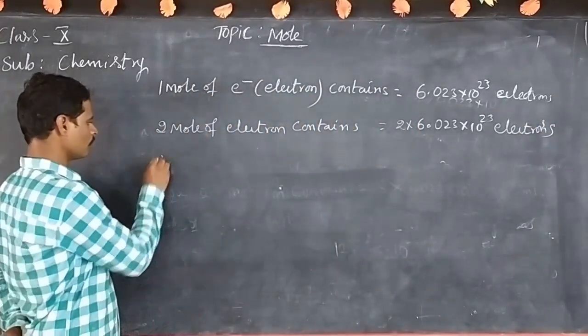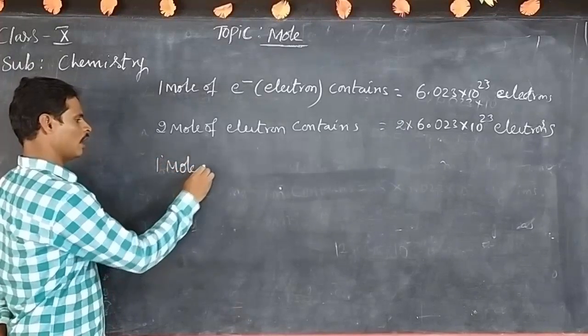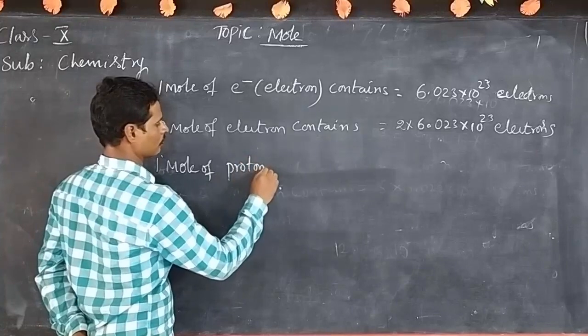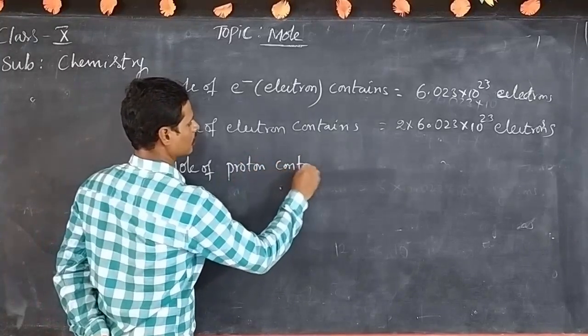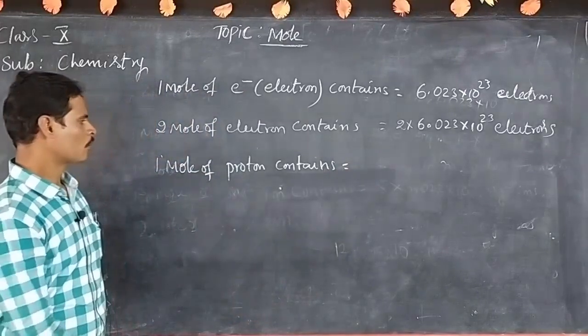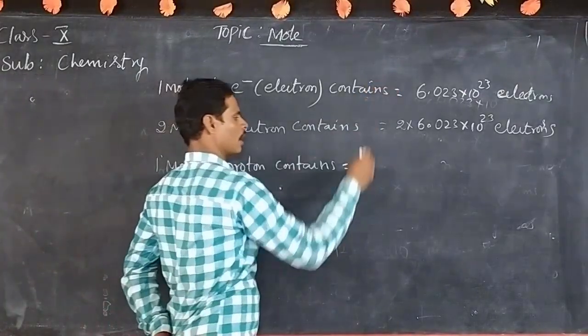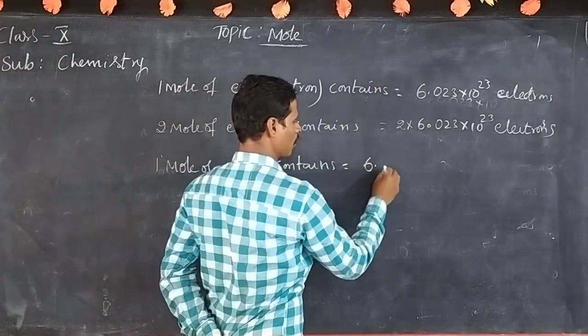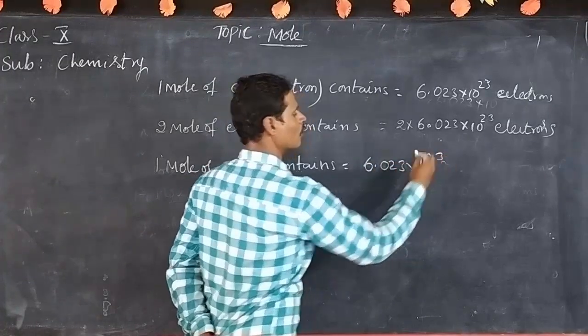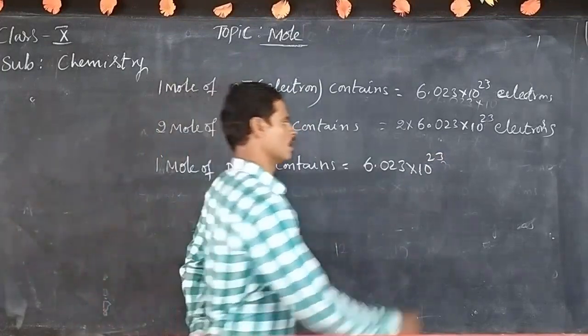Next, 1 mole of protons contains how many particles? 1 mole of protons is also equal to the Avogadro number. What is the value of the Avogadro number? 6.023 into 10 to the power 23 protons.